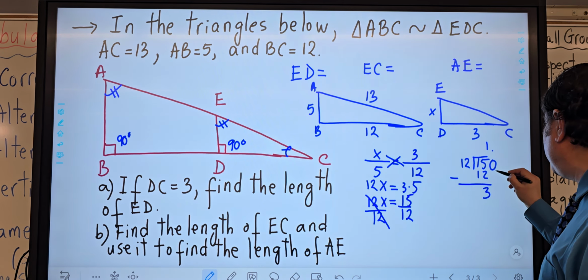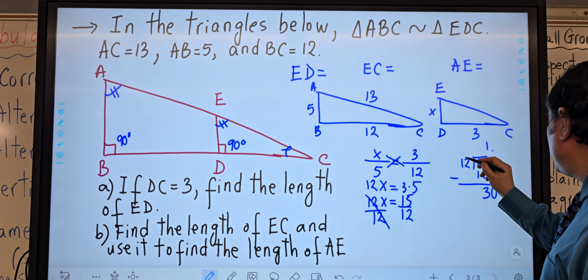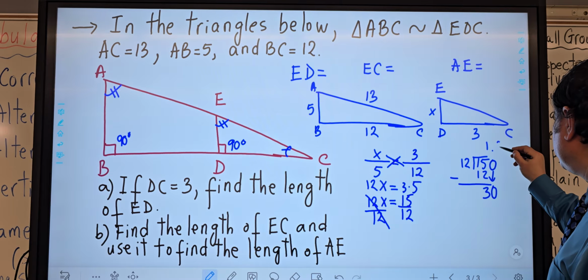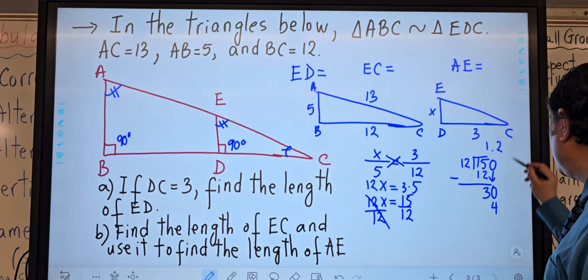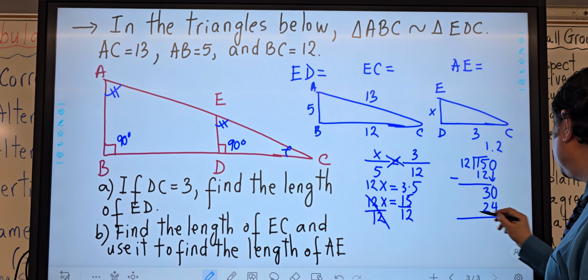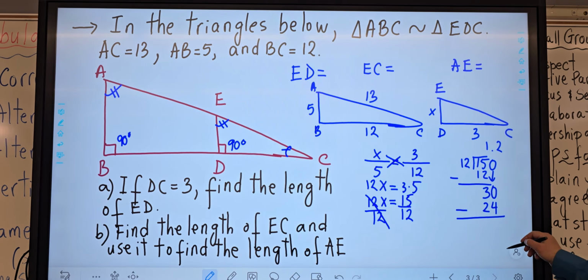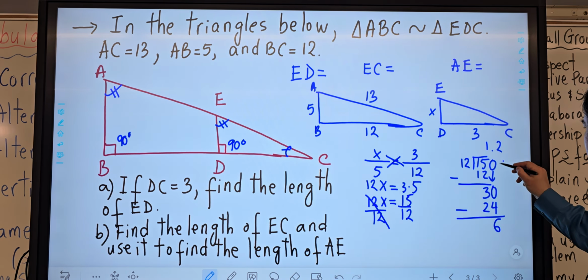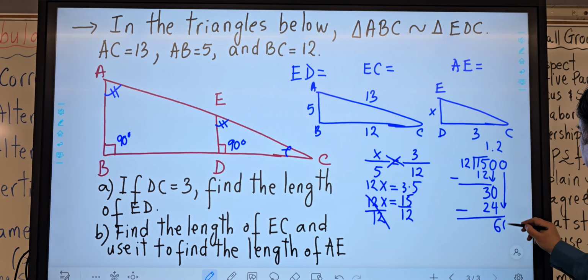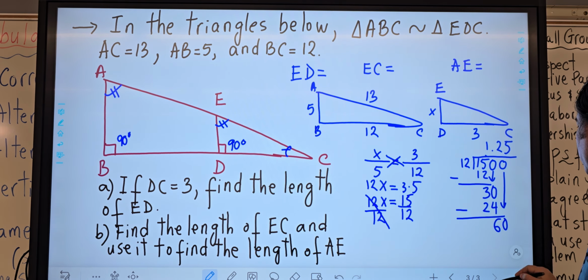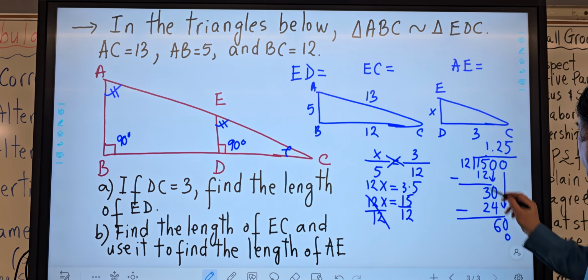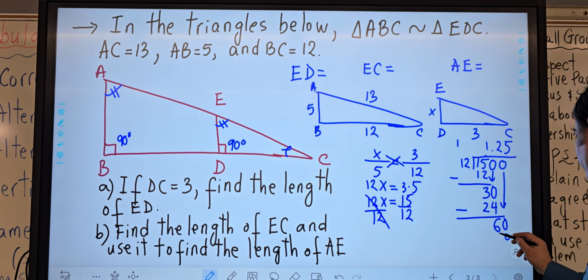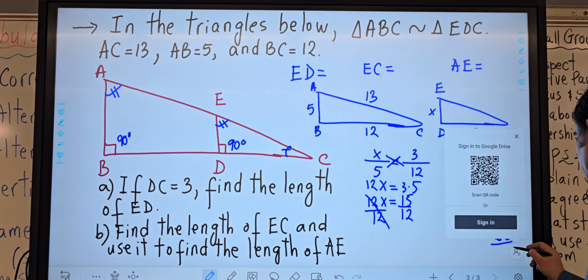Add a 0 and a decimal, bring it down. 12 into 30 twice. 2 times 2 is 4, 2 times 1 is 2. 30 minus 24 is 6. Add another 0, bring it down. 12 into 60, 5 times. Perfect, 60.